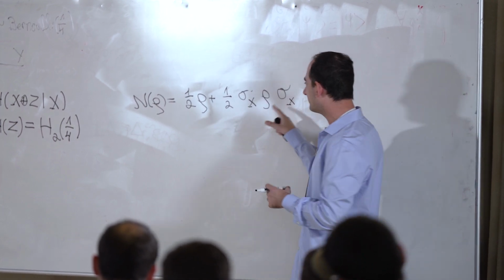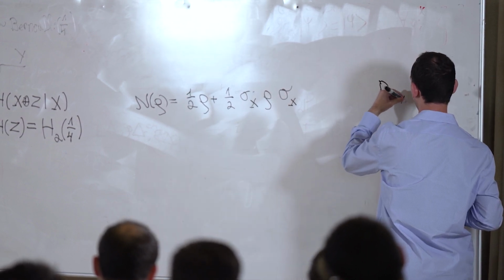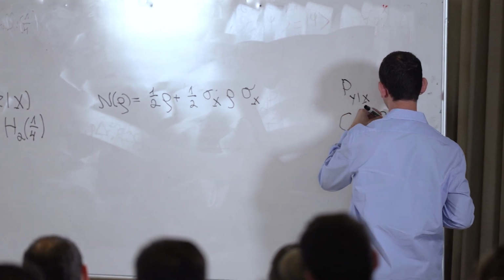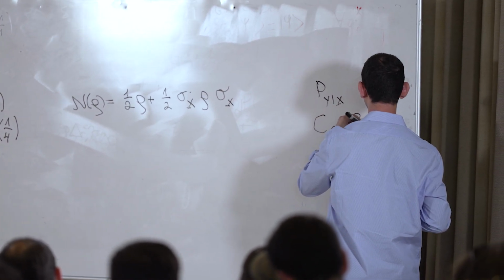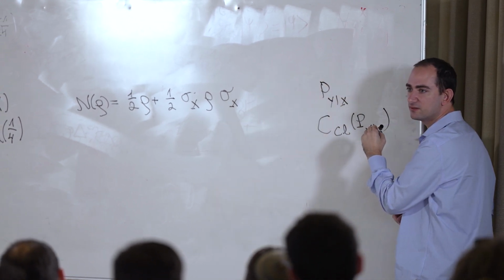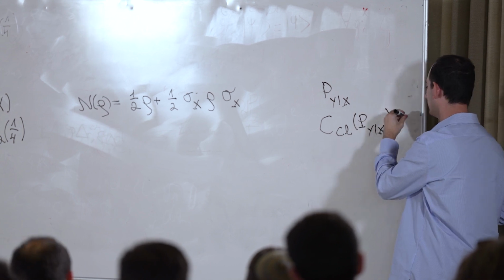If I look at the classical channel, let's denote it by P of y given x, the capacity of the corresponding, the analogous channel, do you have an idea, a guess? 0, yes. Why?